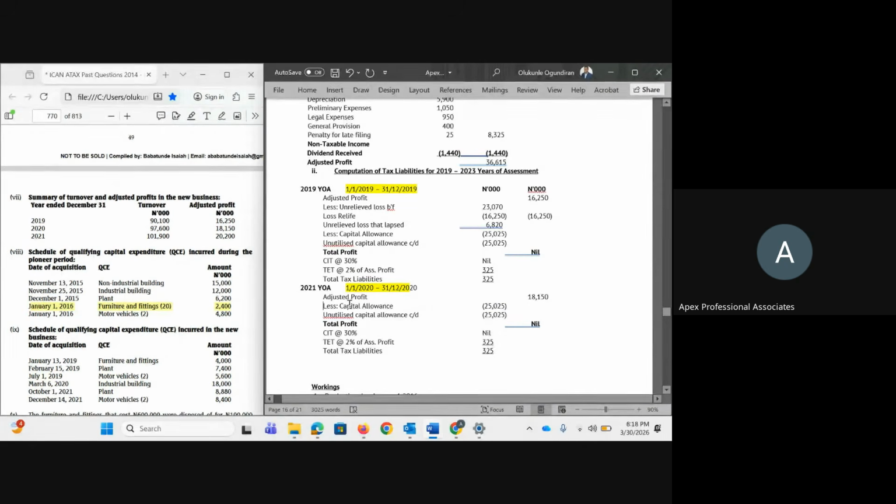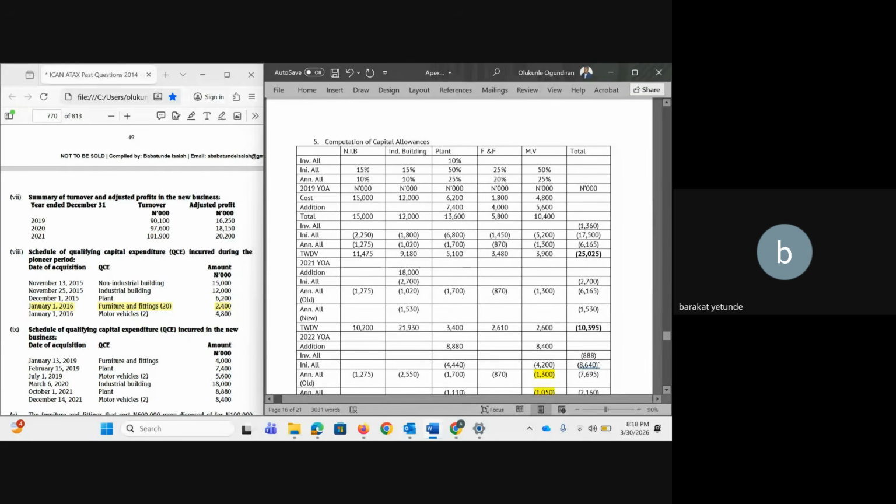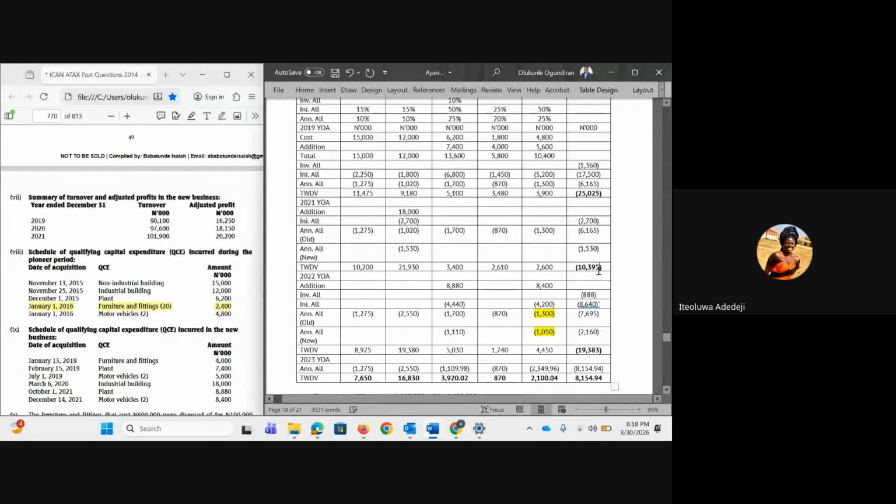So capital allowance brought forward, that's 25,025, Abby. Yes, sir. Then capital allowance for the year, how much do you have? 10,395.